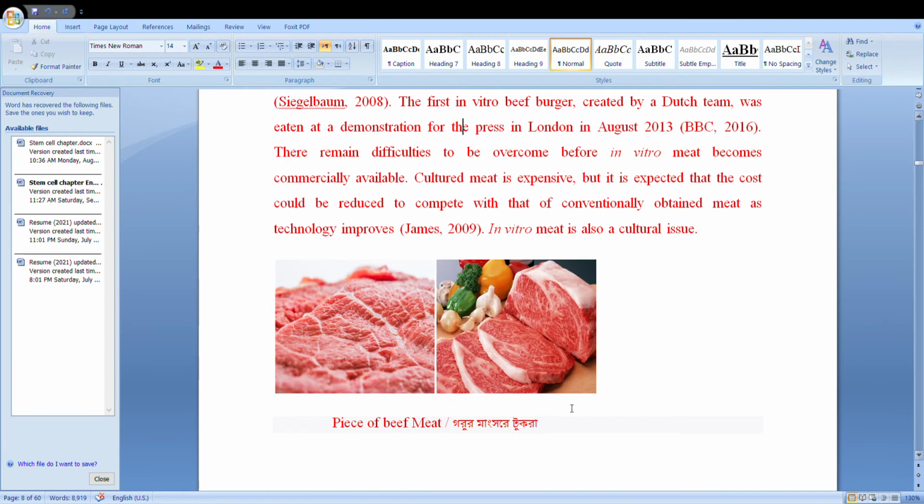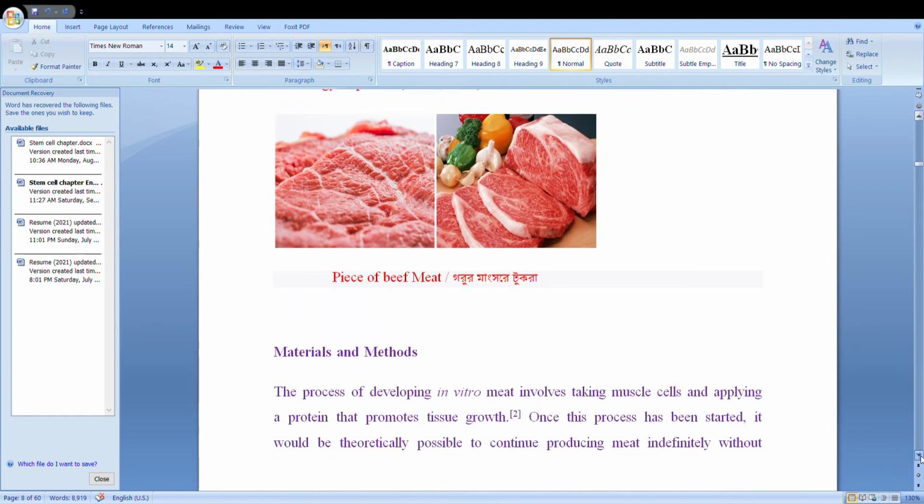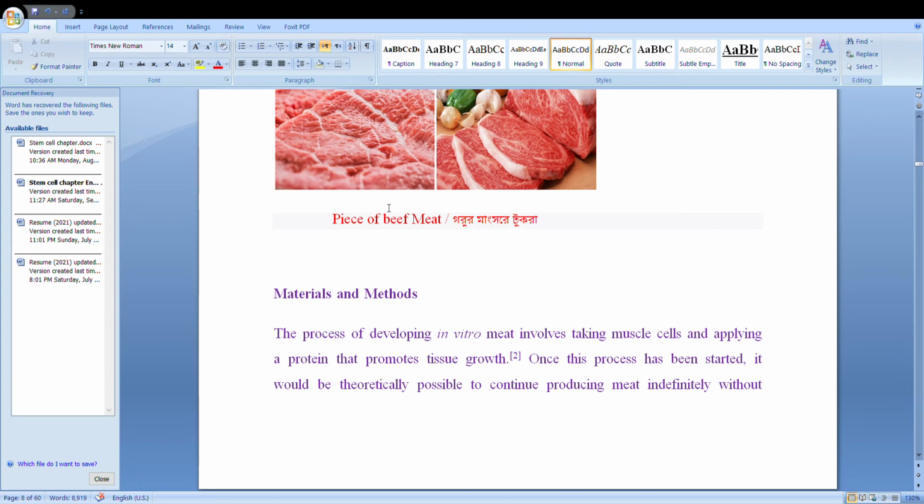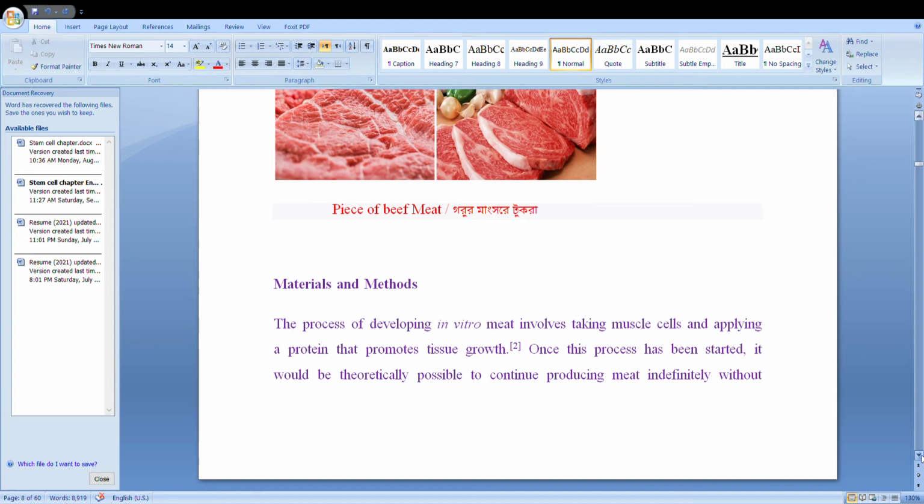This is in vitro meat, and normal meats, and then this is beef meat, and here we can see we can produce the meat in the laboratory. So, methods.